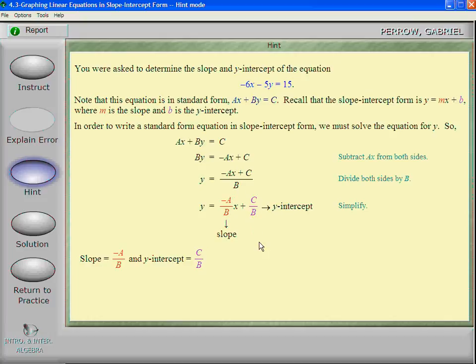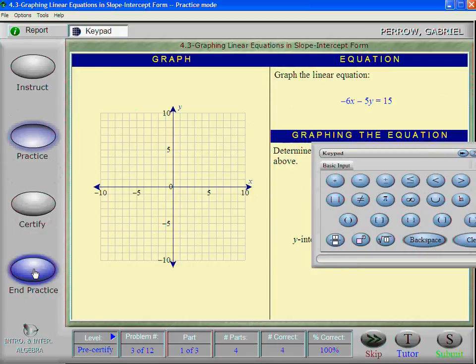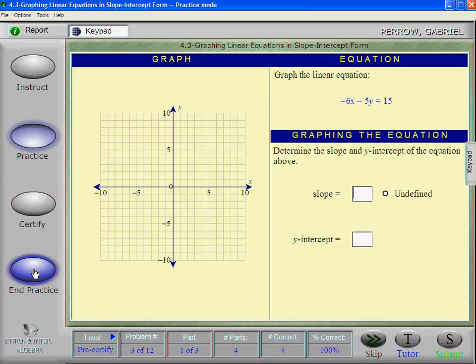So what I would expect for this example, if we go back to practice, is that when I add 6x to both sides, and then divide both sides by -5 and split it apart, I would expect y equals -6/5 times x, take away 3.